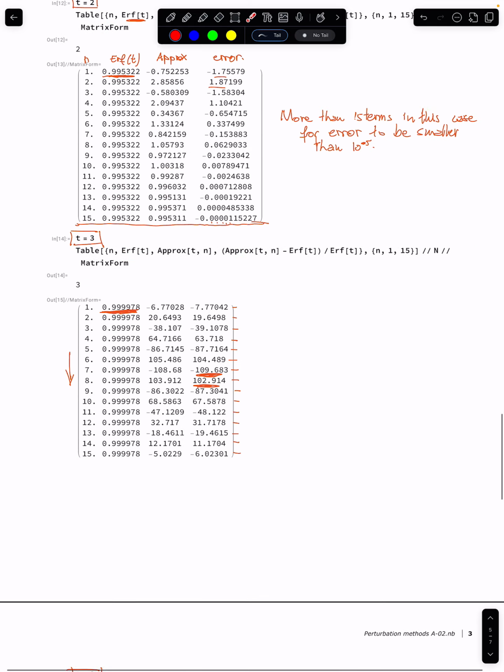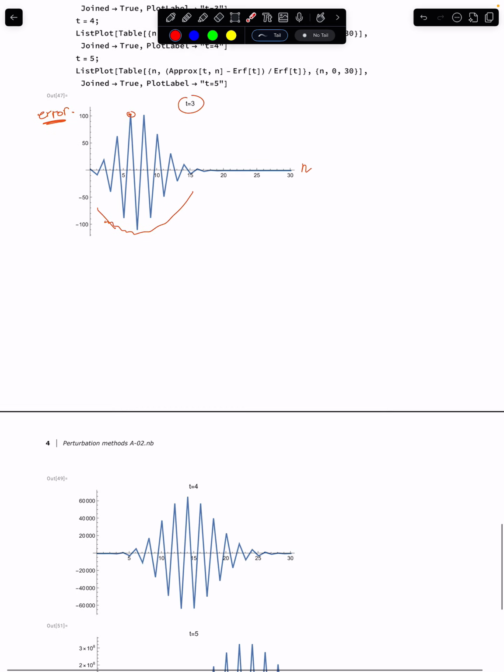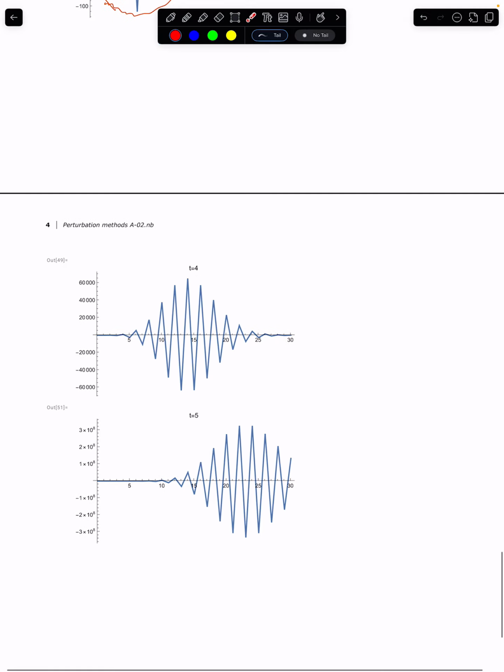And it takes a little bit more through the iterations to make sure that the factorial coming in the denominator becomes dominant. And that's even worse when t is equal to 4, and that's even worse when t is equal to 5. All right, meaning that the number of terms that you need to keep for this convergent series to be really efficient after being truncated is actually growing very large.